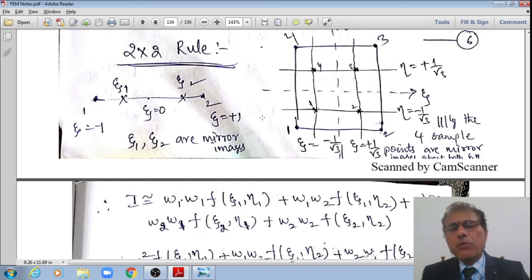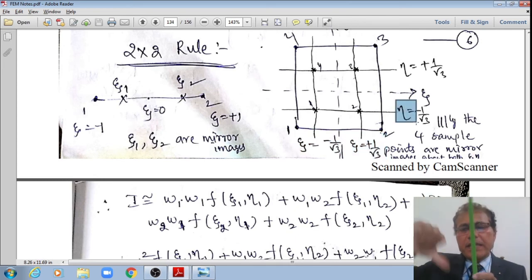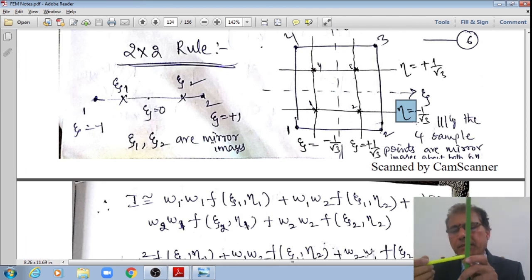1D Gaussian quadrature using the 2-point formula, that we have already proved in the previous subheadings, the sampling points must be xi1 equal to minus 1 by root 3 and xi2 equal to plus 1 by root 3. Similarly, if I take the eta direction, eta1 must be at minus 1 by root 3, and eta2 must be equal to plus 1 by root 3.